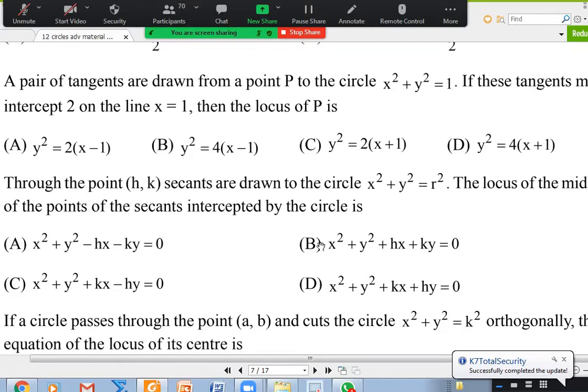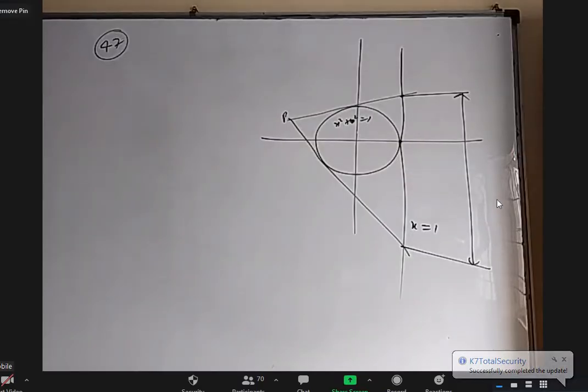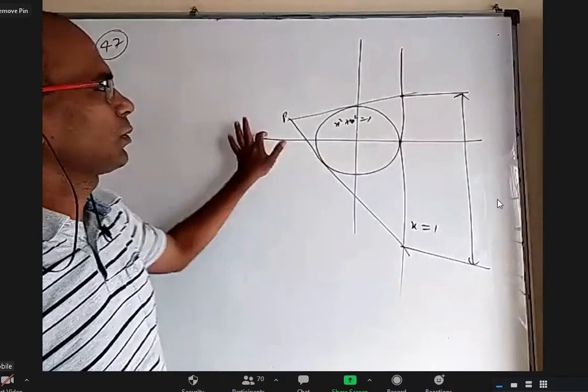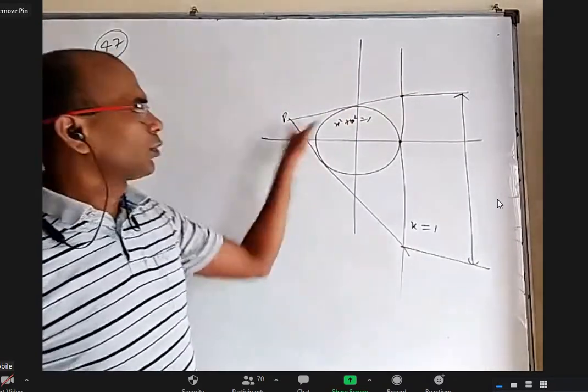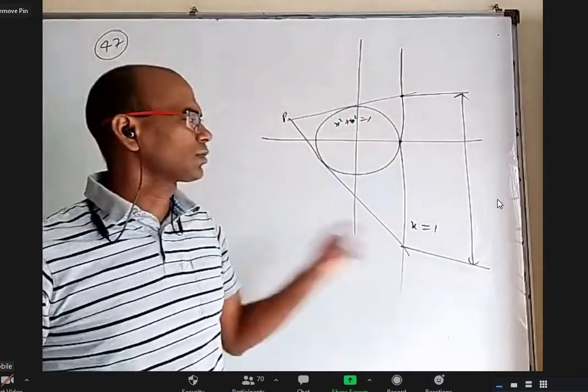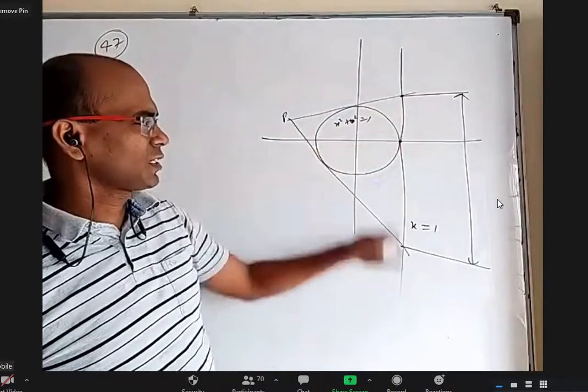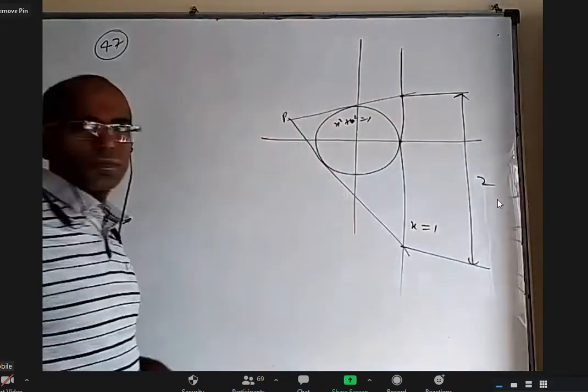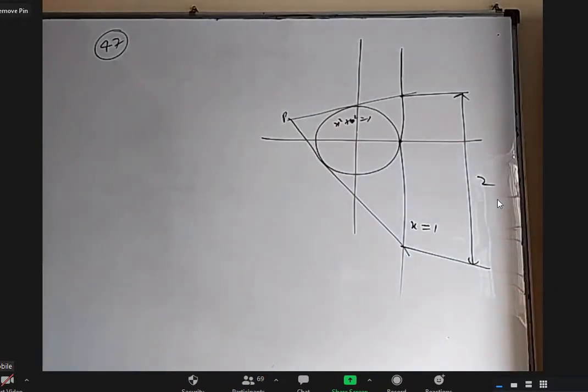This is a circle, x square plus y square equal to 1. x equal to 1 is some line. From an external point you have drawn two tangents. Both the tangents are intersecting x equal to 1 at 2 points such that the distance between them is 2 units. For that to happen, what is the locus of this? Anybody want to give an idea how to do this?